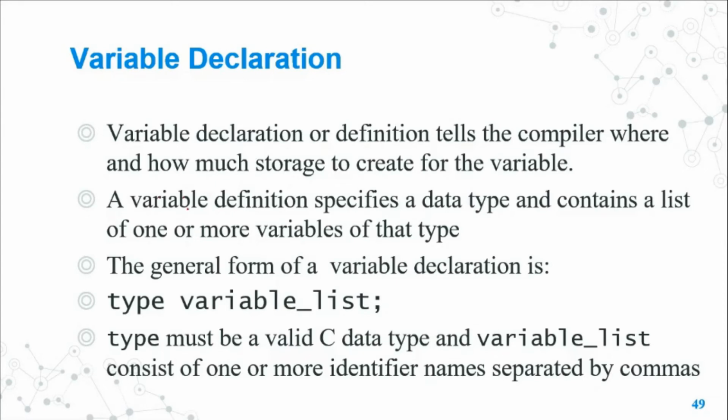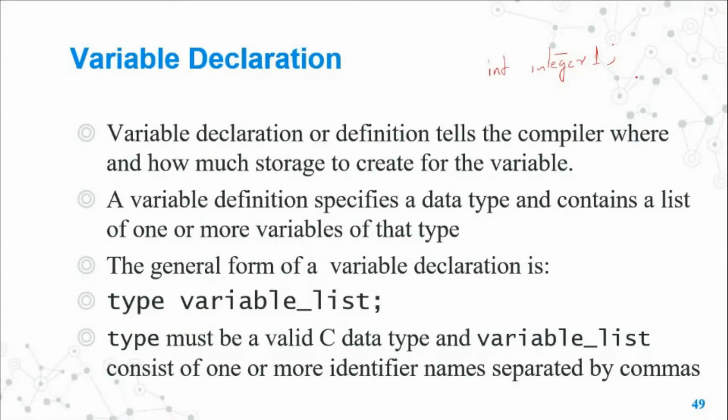A variable definition specifies a data type and contains a list of one or more variables of that type. We have already seen how variables are defined, like int a1; this is a variable declaration.